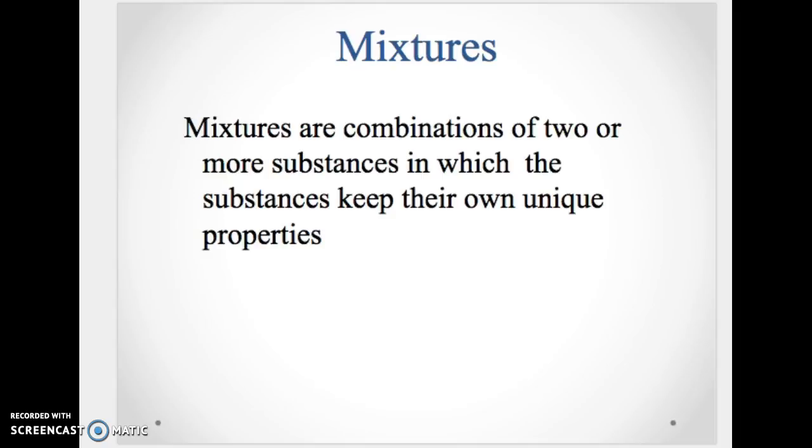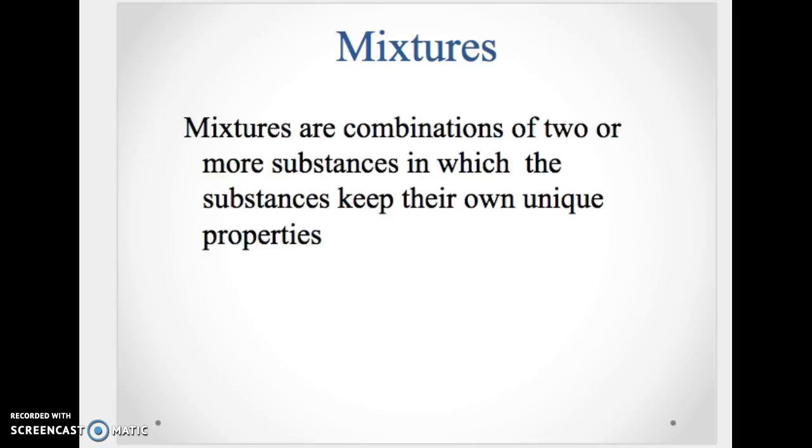So first off, the official definition of a mixture. A mixture is a combination of two or more substances in which the substances keep their own unique properties. So that's that very, very important part, okay? That the substances that are in the mixtures have to keep their own properties, meaning, like say for example, if you have a salad, me personally in my salad, I don't like tomato and onion, so I typically ask to have those out of my salad. If not, when I get it, I can easily pick it out of my salad.